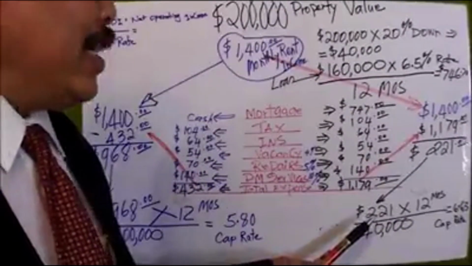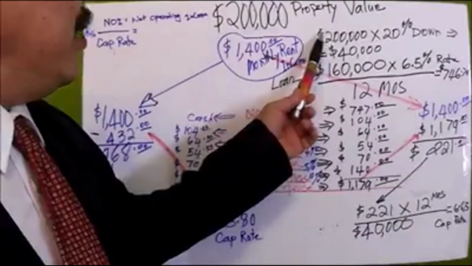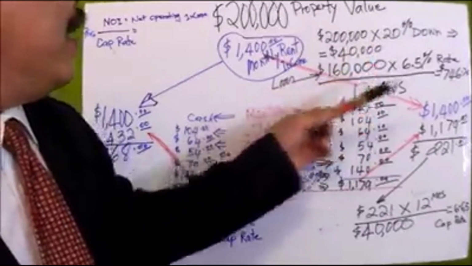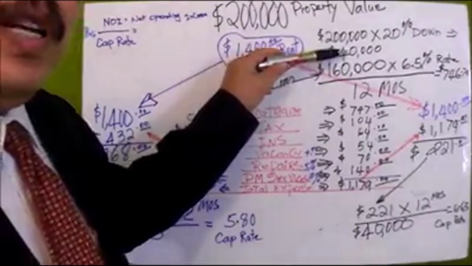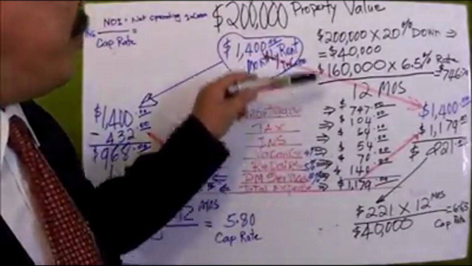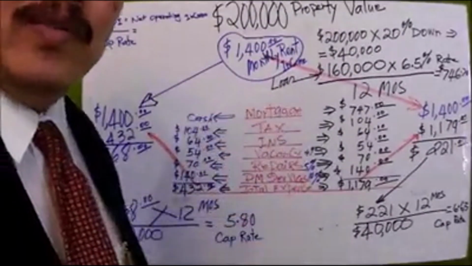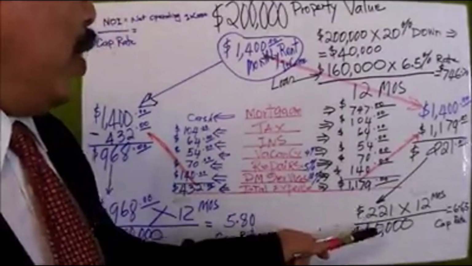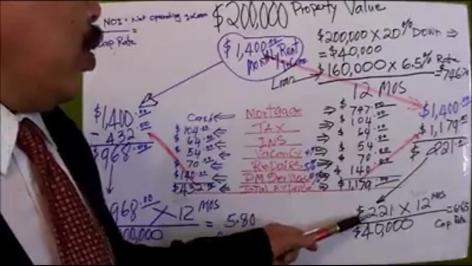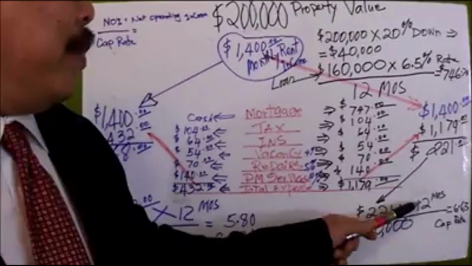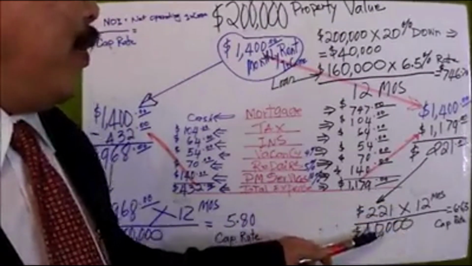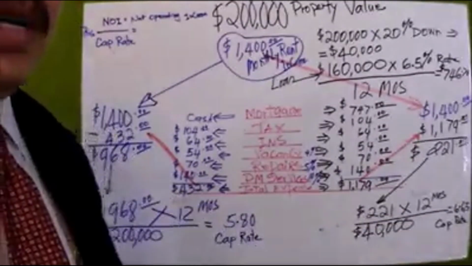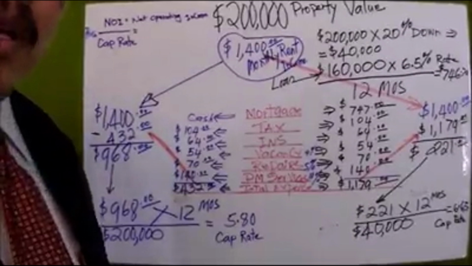You remember 40,000 because you make down 20% of the value of the house. It means you use 40,000 to invest for the rental property. So you do 221 times 12 divided by 40,000, and you have a cap rate of 6.63. It's not bad.